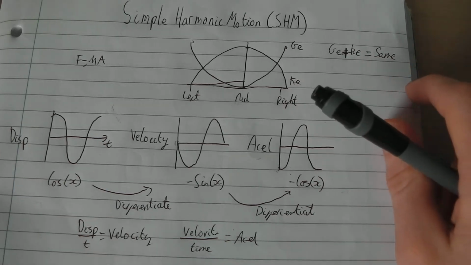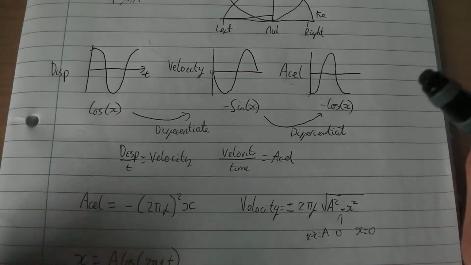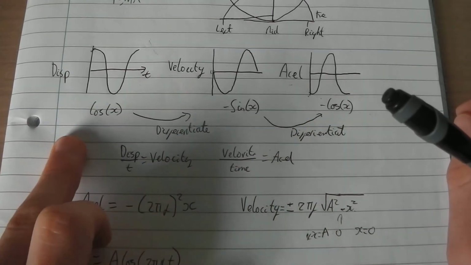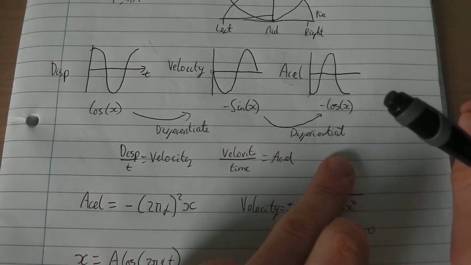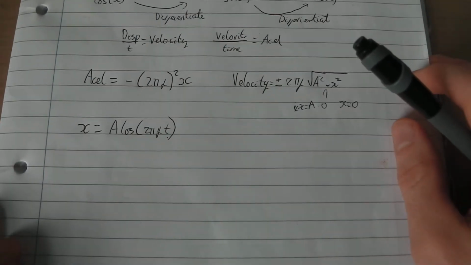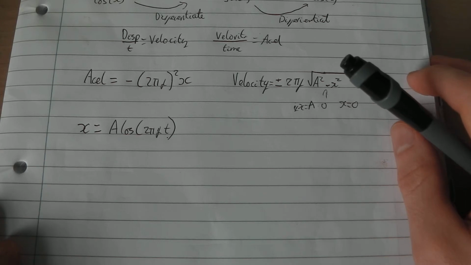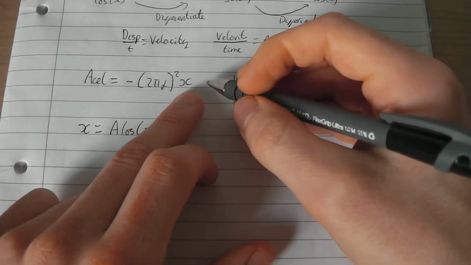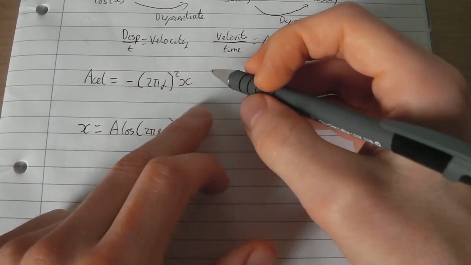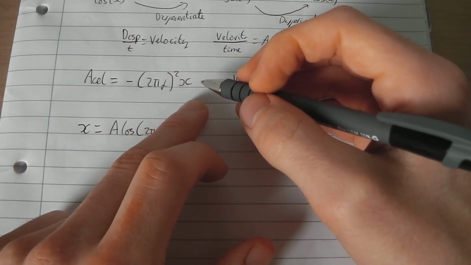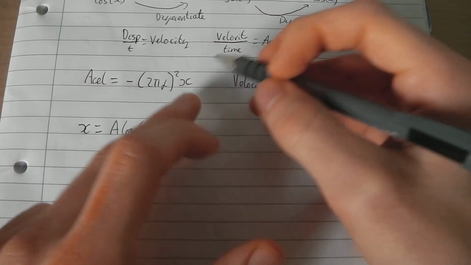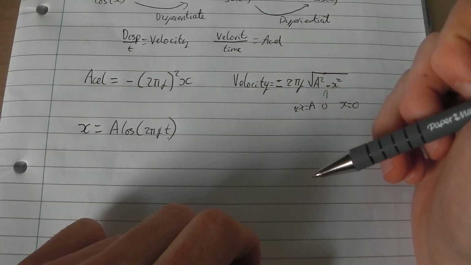Then the graphs of displacement, velocity and acceleration, and how they just differentiate from each other. And then the three equations, and the fact that when x equals A at maximum amplitude, that will normally give a minimum or a maximum value for the equation.